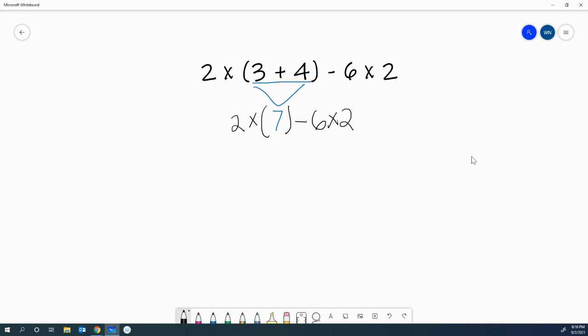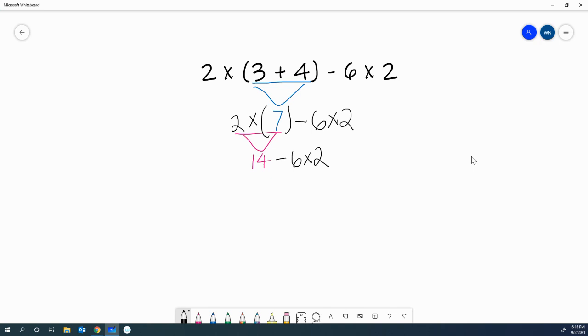All right. Now I want you to tell me, what's my next step going to be? You should have said 2 times 7 because we went through our song. We already did the parentheses. There's no exponent. So we've got multiplication and division in the same step. First come, first serve. First is this multiplication problem right here. 2 times 7 is 14. Bring everything else down, minus 6 times 2.